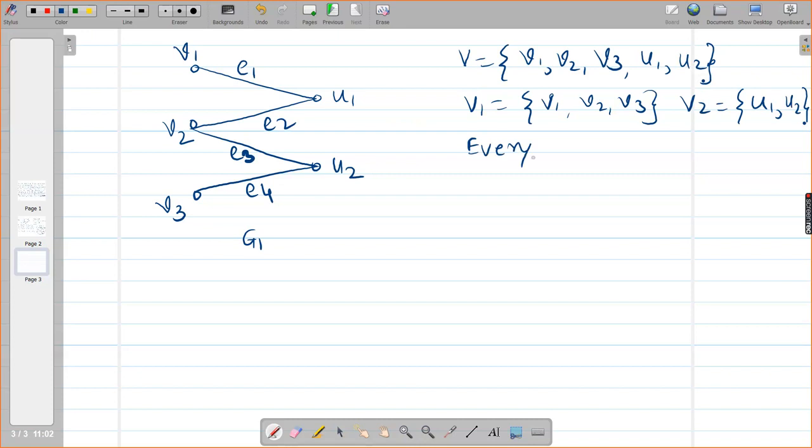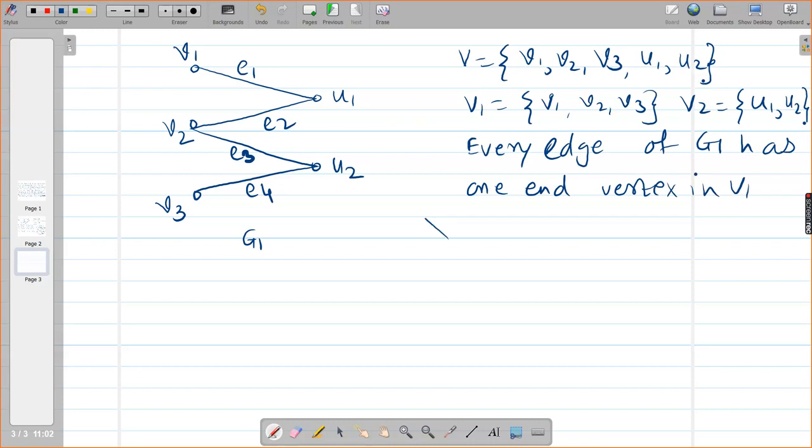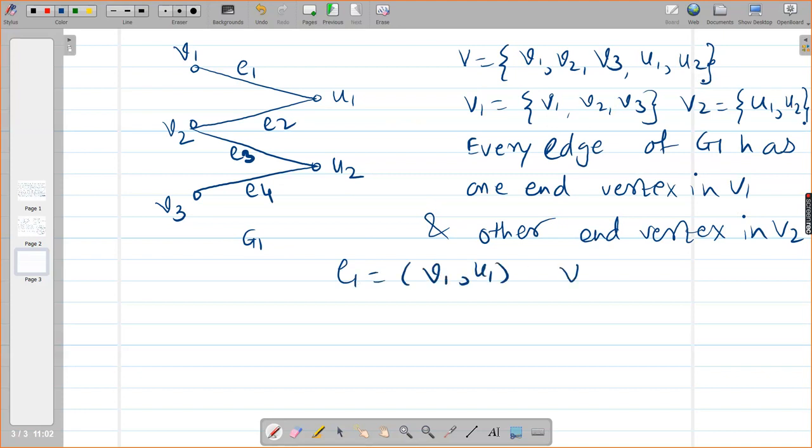Every edge of G1 has one end vertex in V1 and the other end vertex in V2, right? How do you write E1? V1, U1. So V1 belongs to V1, U1 belongs to V2.